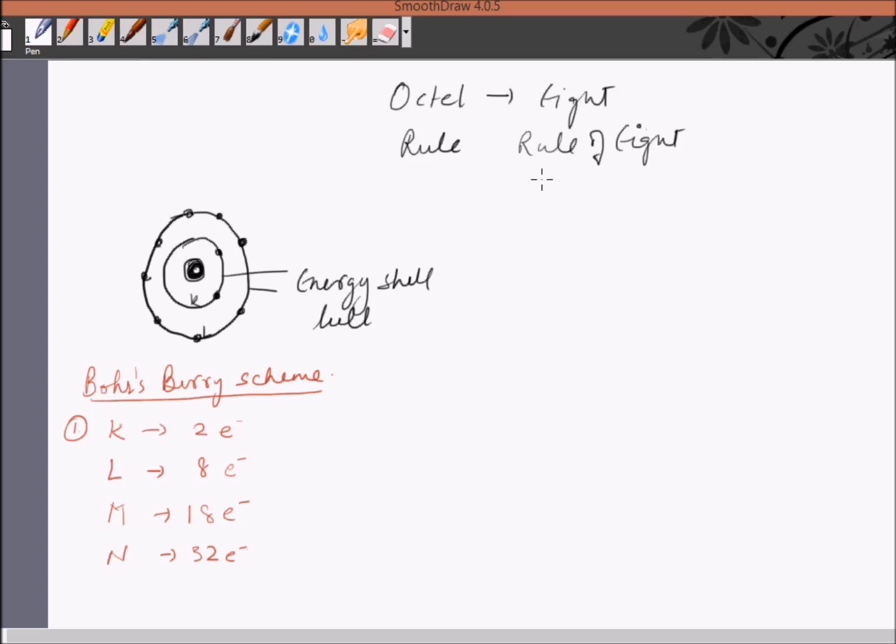So what is the Octet Rule? The Bohr-Bury scheme has one more postulate. It says that the outermost shell of a chemically stable atom can accommodate a maximum of 8 electrons.